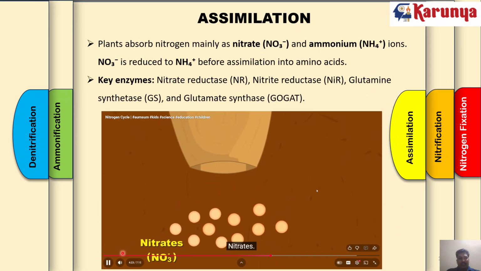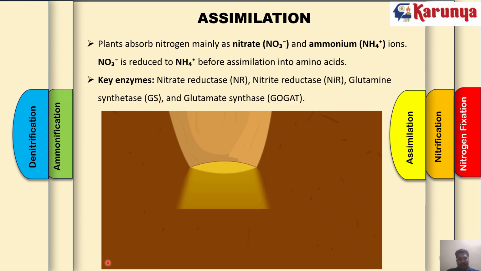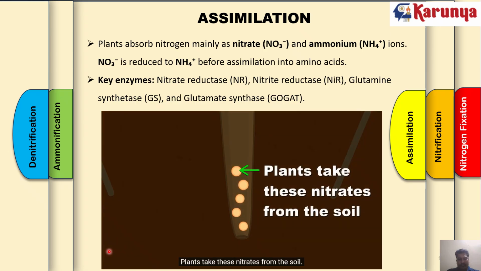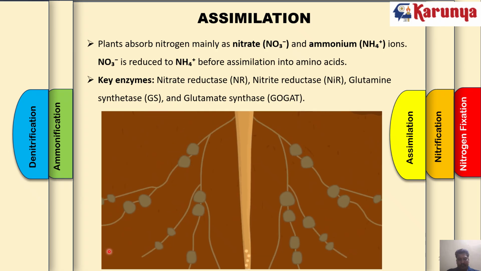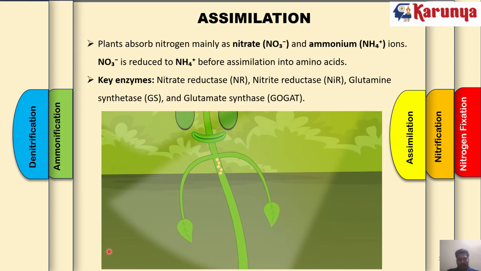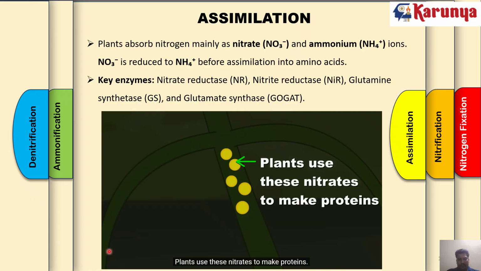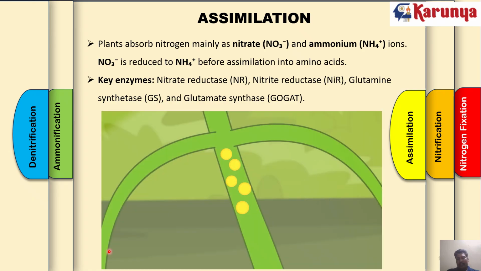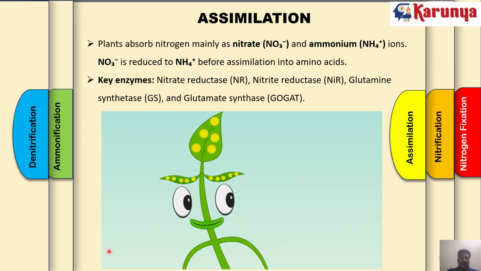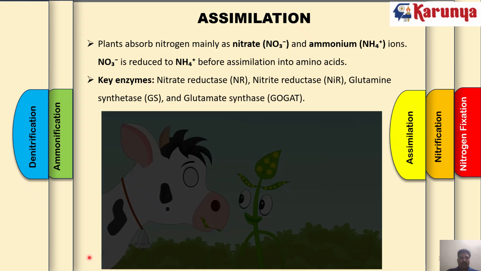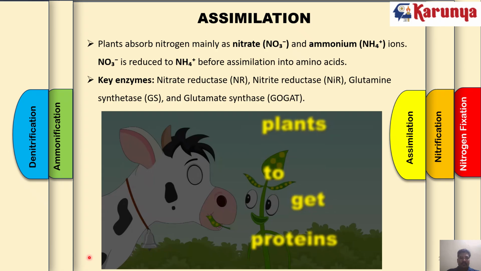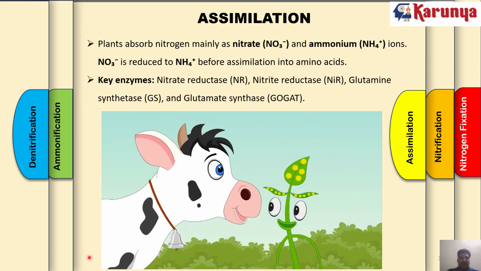See here, assimilation. Assimilation is nothing but the absorption of nitrogen by the plant in the form of nitrate and ammonium.